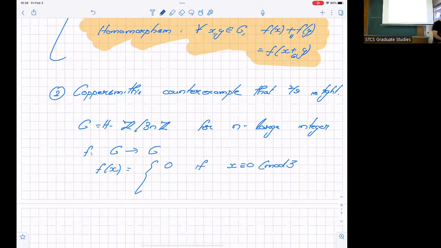So you have one of 3n inputs. If it's congruent to 0 mod 3, you give 0. If it's congruent to 1 mod 3, you give 1. And you give 3n minus 1 if it's congruent to minus 1 mod 3.